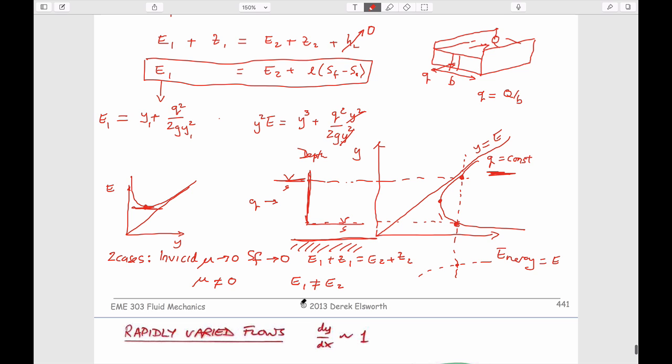And we need an extra expression to be able to constrain the flow. This would be for what we've called gradually varying flows, GVF. And this would be for what we've called rapidly varying flows, which we won't do in any great detail, but this is basically the hydraulic jump.